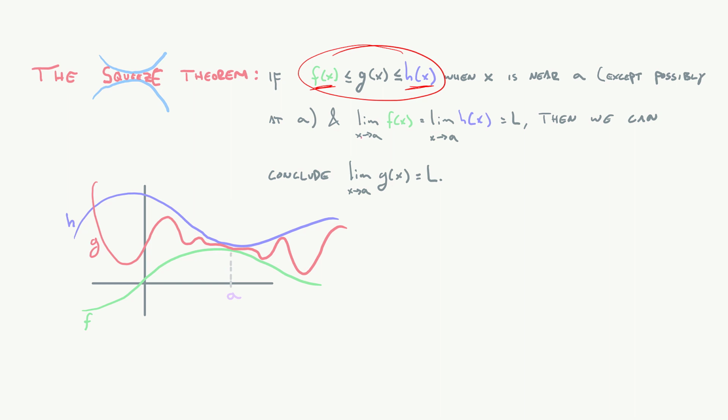And the limit as x approaches a of f of x and the limit as x approaches a of h of x both are the same thing. They both approach the same value. Then we can conclude that the limit of this function that's being bound by these two outer functions is also equal to L. And my picture is actually not technically correct, right? They should all actually kind of meet right at the same point, right? They should all be approaching the same y value right there.